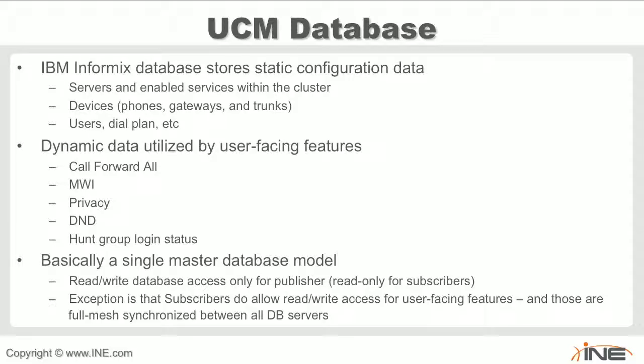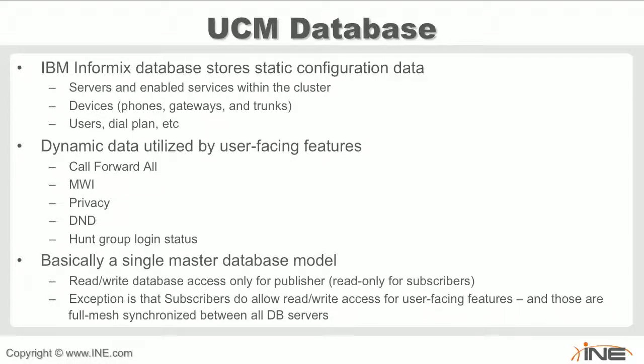User-facing features are things such as call forward all, message waiting indicator, or MWI, privacy status for a shared line, do not disturb status, and status for a login to a particular hunt group.